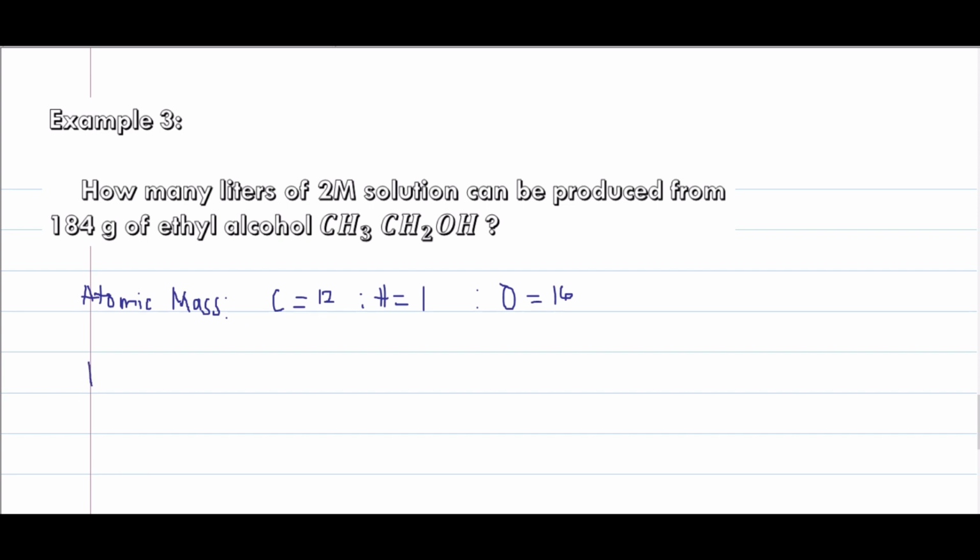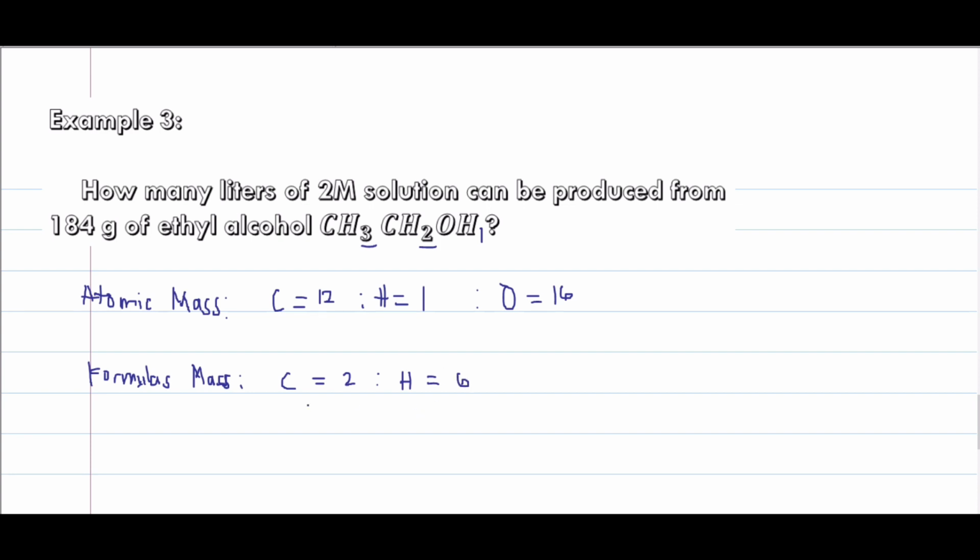Then we find the formula mass. For carbon, how many carbon atoms? We have 2 carbons, every carbon is 1 atom, so we have 2. For hydrogen, we have 3 symbols: the first has 3 atoms, the second has 2 atoms, and the third has 1 atom, so this is 6 atoms.